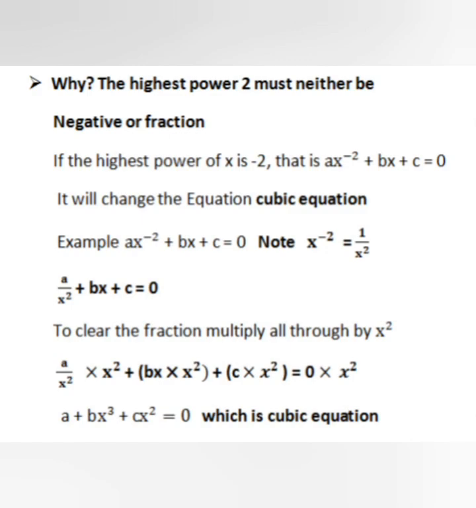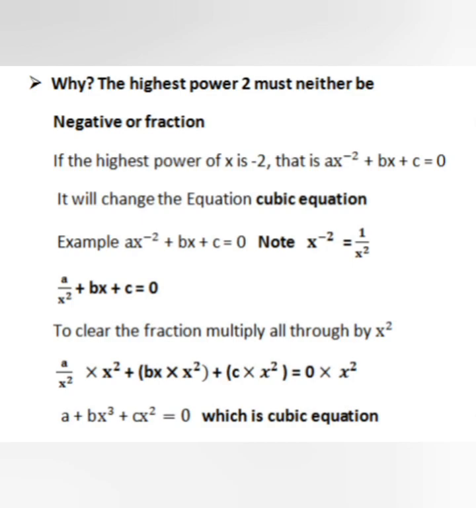For example, we have ax raised to power minus 2 plus bx plus c equals 0. Note, according to the law of indices, whenever we have x raised to power minus 2, we can write it as 1 all over x squared. So we can write it as a all over x squared, because a times 1 is a. It gives us a all over x squared plus bx plus c equals 0.